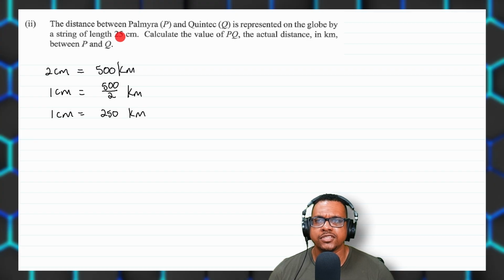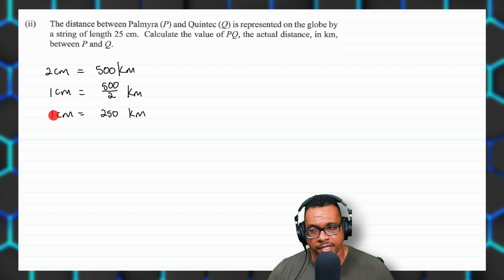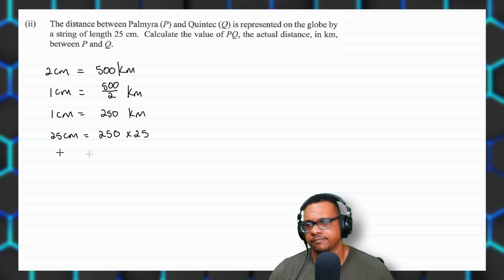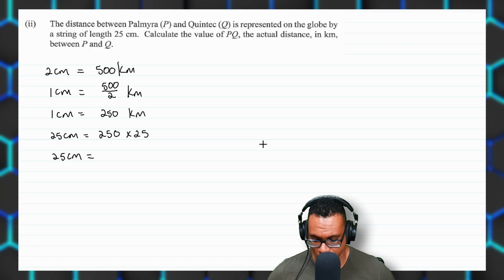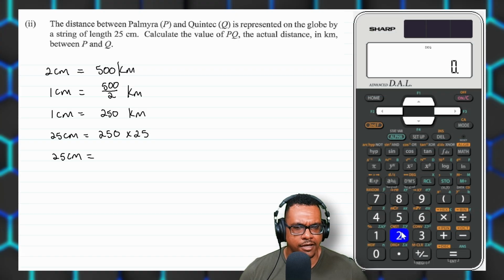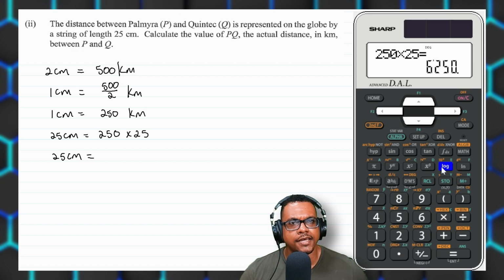So now we want to know what is 25 centimeters of string. So I'll multiply 1 by 25 and get 25, which means I have to multiply this side by 25 as well. So 250 by 25. So 25 cm on the map is equal to 250 multiplied by 25, and we get 6,250.